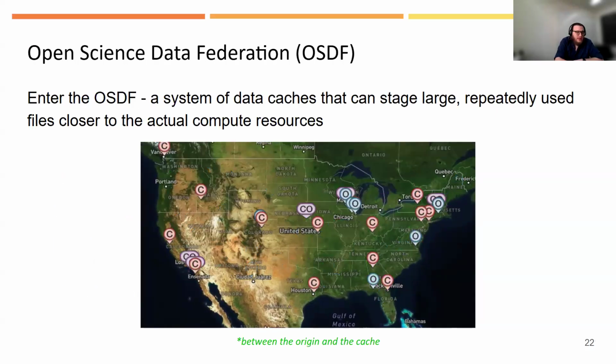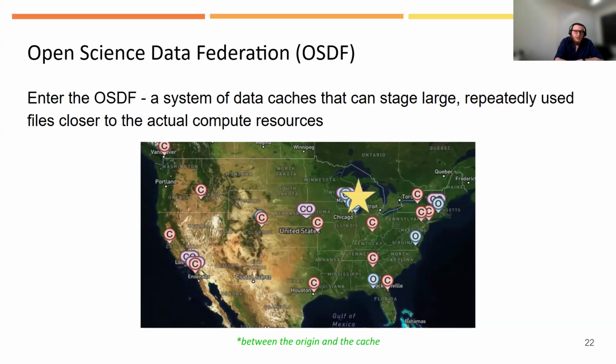And this is effectively the concept of the Open Science Data Federation, or the OSDF. Working with Internet2 and several other providers, we've set up a system of data caches throughout the country to stage large, repeatedly used files closer to the actual compute resources.